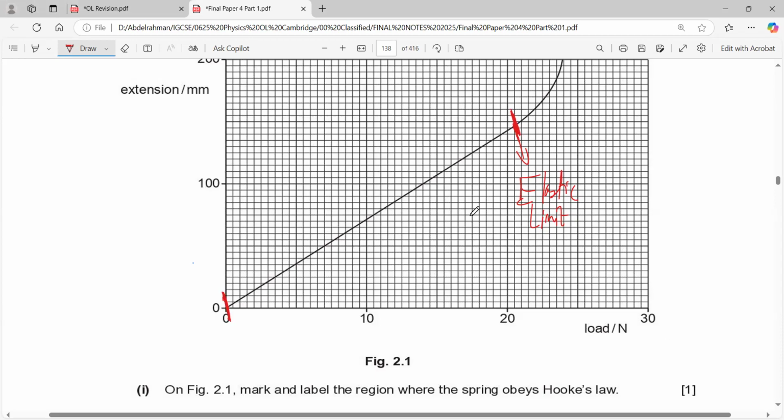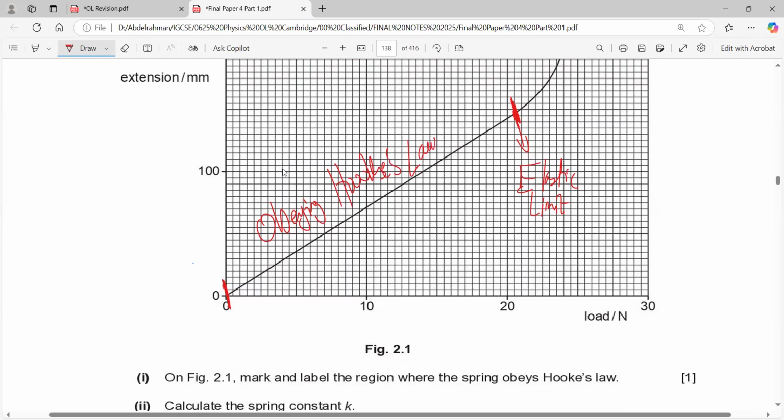This is obeying Hooke's law. كل ده, this is obeying Hooke's law. يلا.